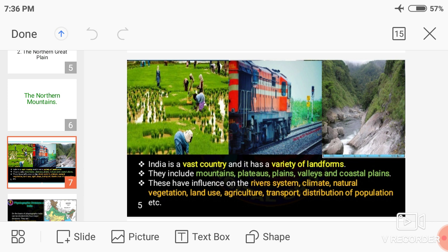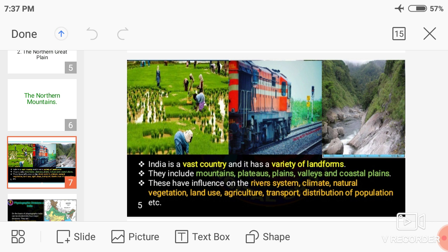India is a vast country and it has a variety of landforms. Vast means it is a large or big country. India is the largest country in the world and it has a variety of landforms.